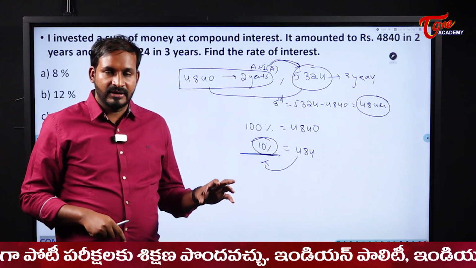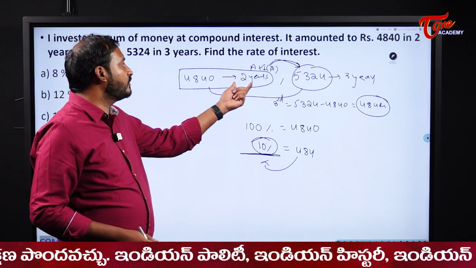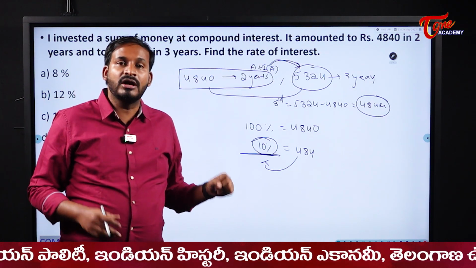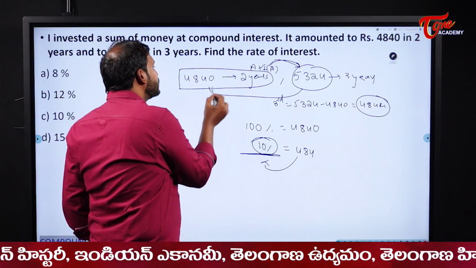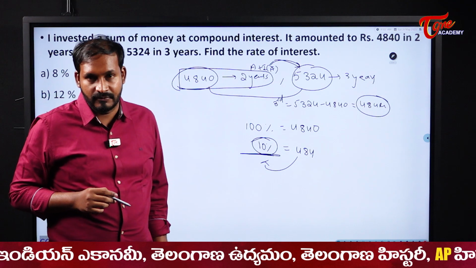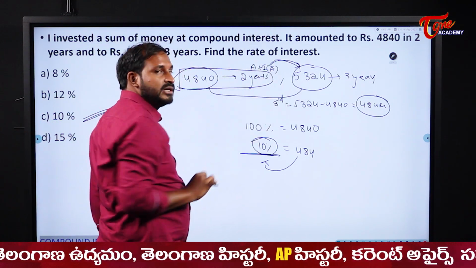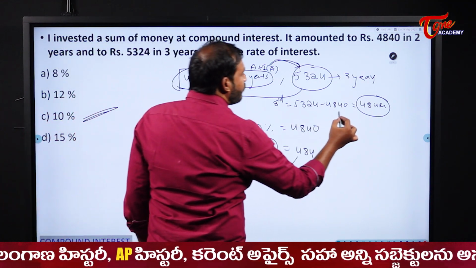That is the reason I told you how we assume compound interest: compound interest is nothing but we always calculate interest on the previous amount. What is the amount after 2 years? On this amount we will calculate interest, right? Not on principal. We will calculate interest on amount. So previous year's amount is 4840. On this, I am collecting the interest additionally. What is my additional interest here? 484.